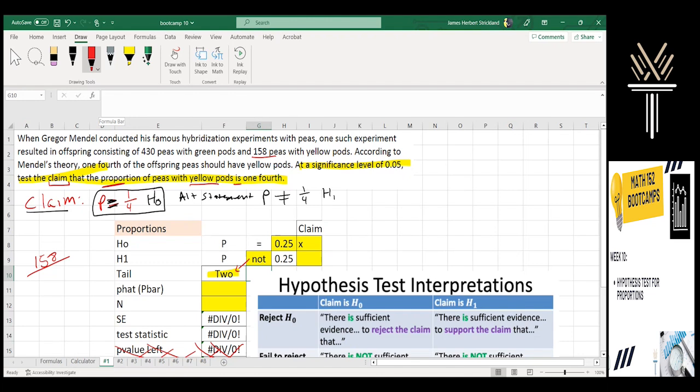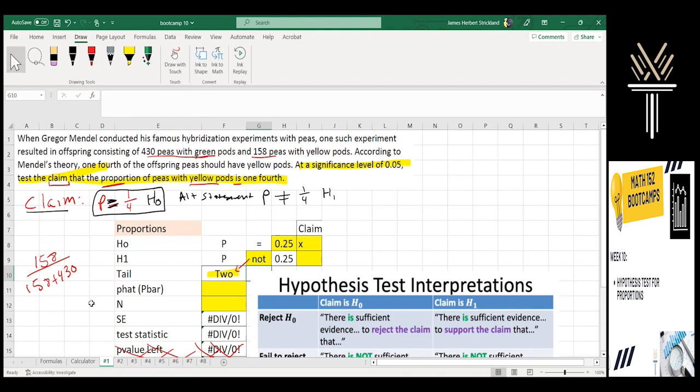It's tempting to say 430, but if you read it carefully, you'll see it's not true. 430 is the green, 158 is the yellow. So in total, we got 158 plus 430 pods, because they're each individual colors. And so the total amount will be the total types of pods. So be very careful of those kind of questions.